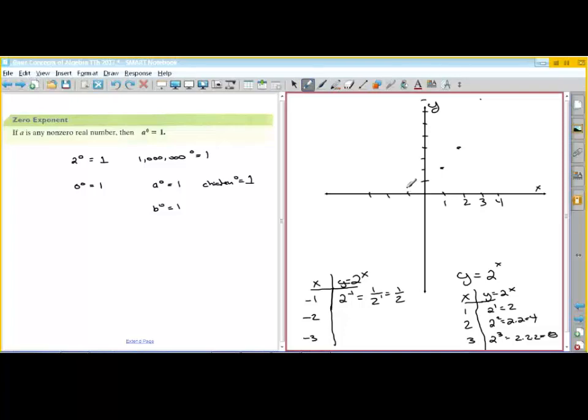So I can plot that: at -1 I get a half. When I have 2 to the -2 power, that's 1 over 2 squared, which is 1/4, so I can plot 1/4. And 2 to the -3 power is 1 over 2 cubed, which is 1 over 8.